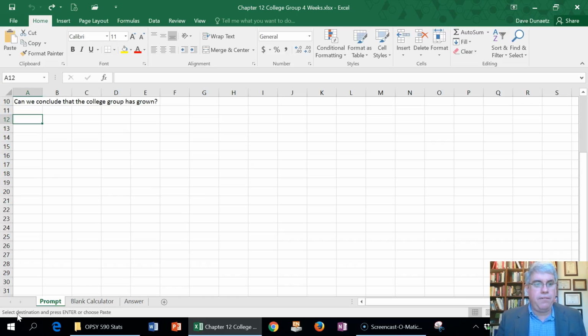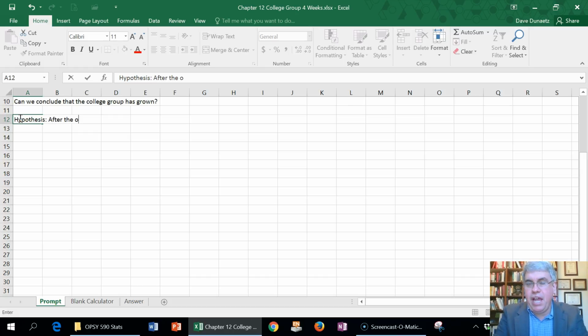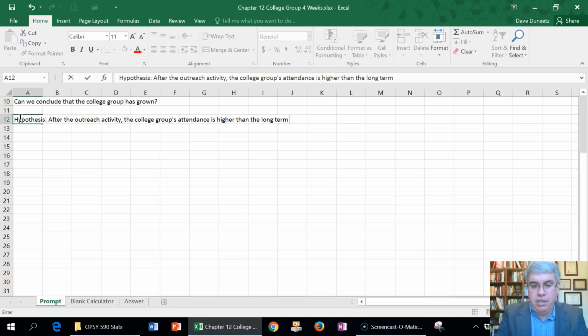Let's start off by clarifying what our hypothesis is going to be. We're hypothesizing that the group has grown, and we want to test to see if that is true. So our hypothesis is that after the outreach activity, the college group's attendance is higher than the long-term population average of 100.